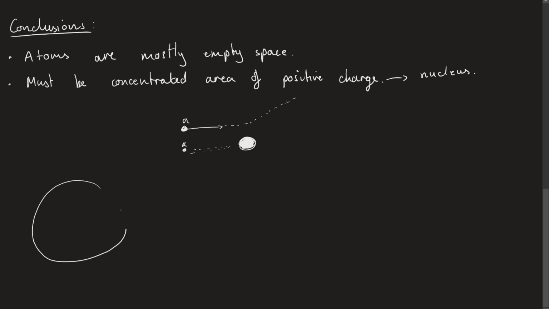So if I had this is the full atom, right, and let's say it has some diameter which I'm going to call big D, and it has some nucleus, and that has a small d for the diameter, then what I'm basically saying here is that if I did big D over small d, this would give me 10,000.